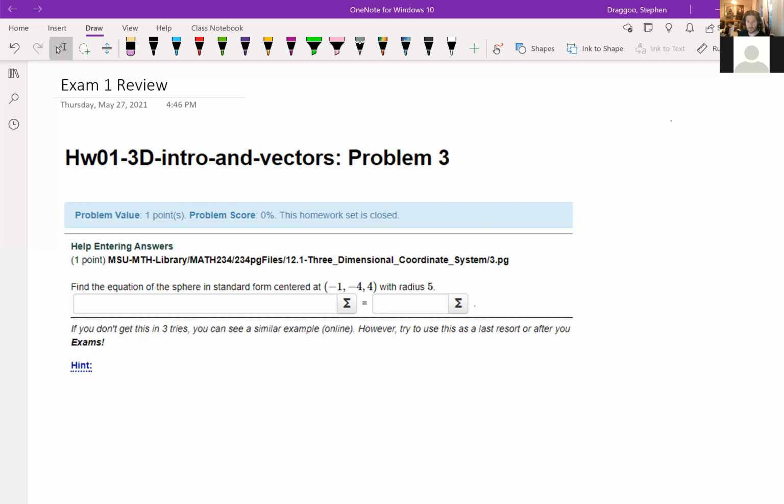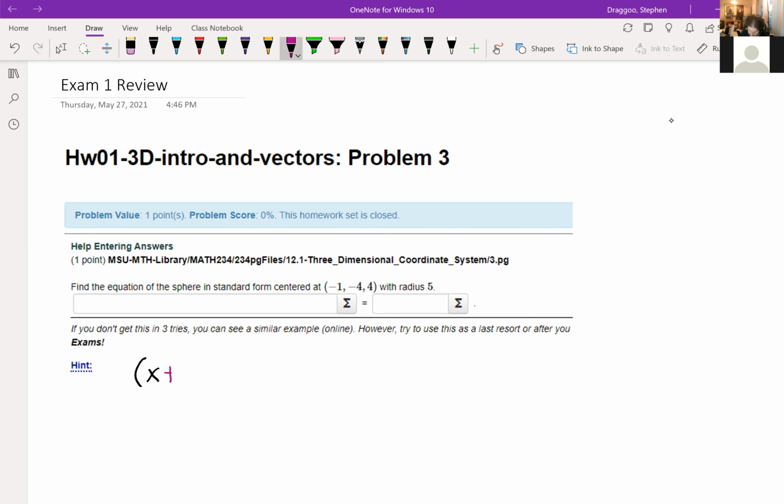So without further ado: find the equation of the sphere in standard form centered at the point provided with a radius of 5. If we're looking to get the equation of a sphere, standard form is x squared plus y squared plus z squared equals r squared, and that's if it's centered at the origin. If it has a different center, we'll want to subtract the x, y, and z coordinates.